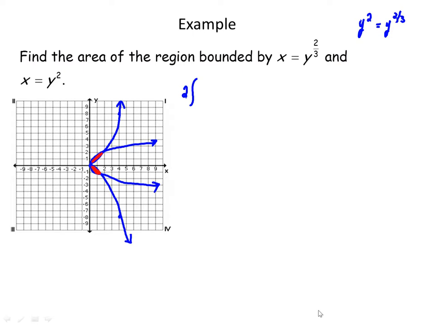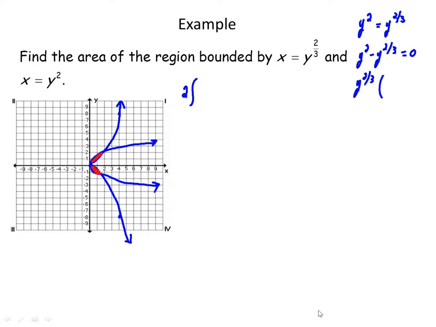Now what? You have y squared is equal to y to the 2/3. What are you going to do? You can take out a y to the 2/3. Always take out the smaller amount. So we'll do y to the 2/3.